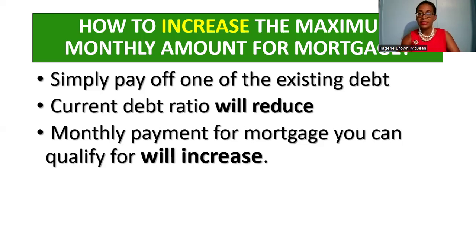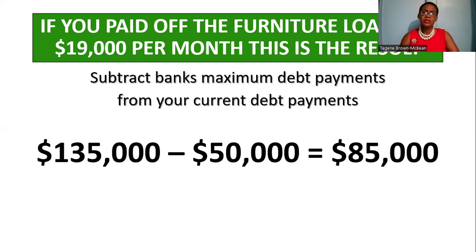All right, so let's give you an example. In this example, you paid off that furniture loan of $19,000 per month. You don't even have to pay it off first.